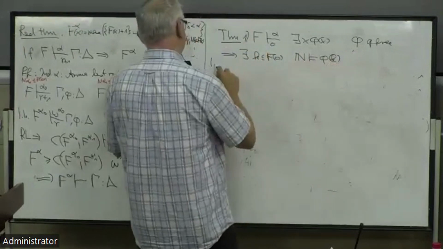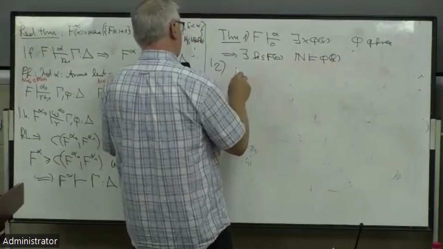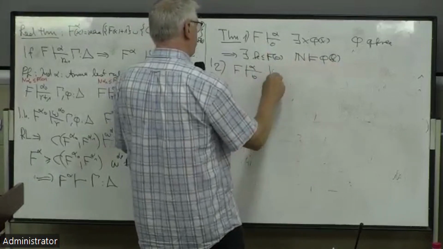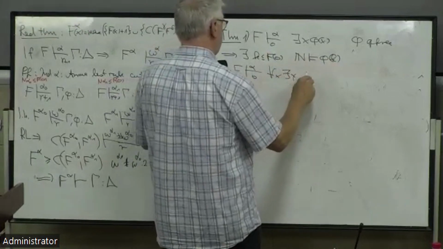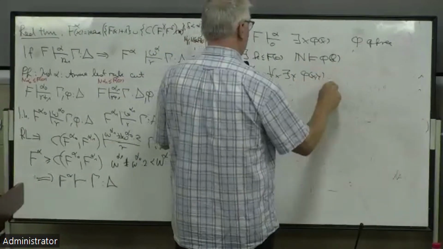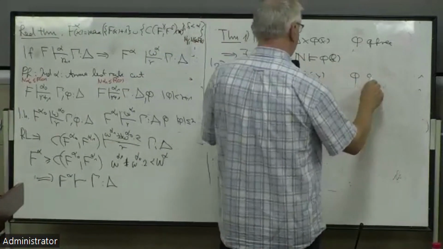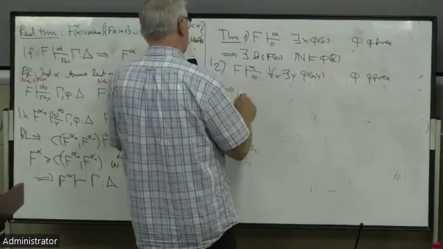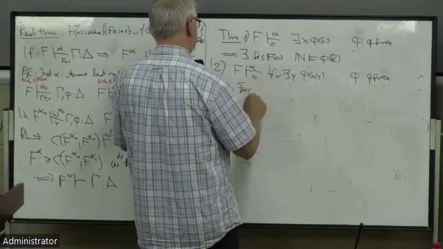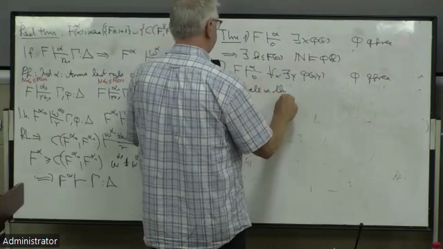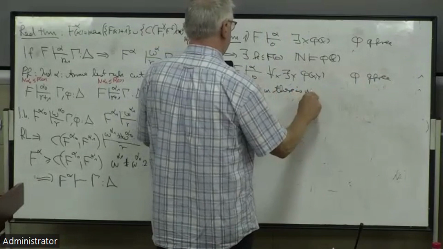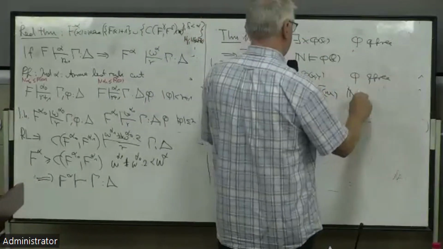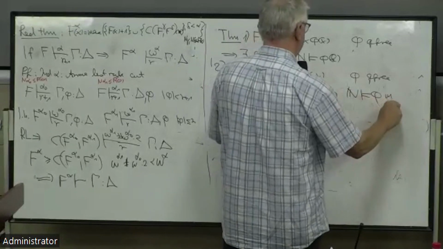And second, if f controls a cut-free derivation of for all x there is a y, phi of x, y, with phi quantifier free, then for all m there is an n bounded by f of m, such that in the standard model we have phi of m and n.